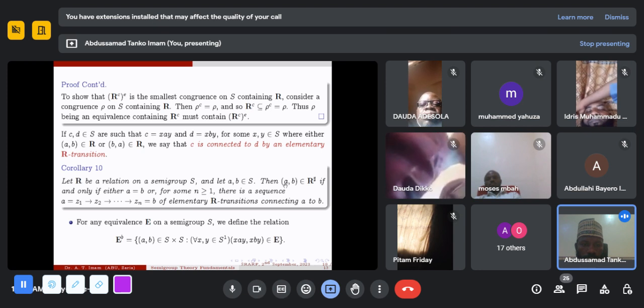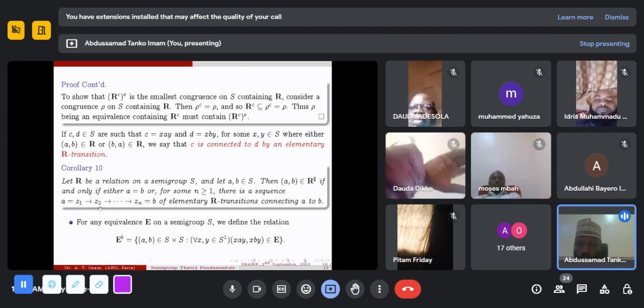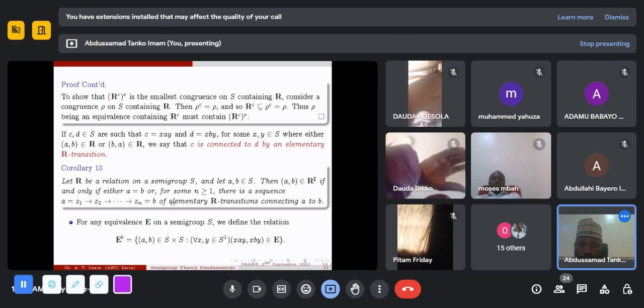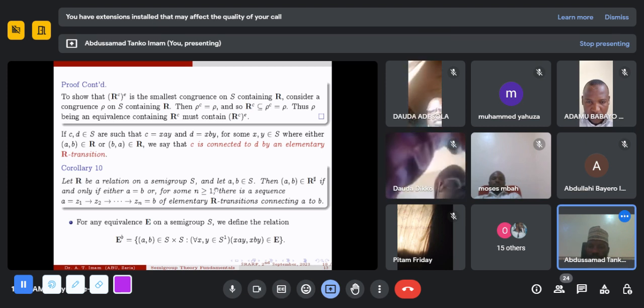If you want to establish that A is related to B under the smallest congruence generated by R, you either show that A is equal to B, or you produce a sequence of elements Z1, Z2, up to Zn, that get you from A to B by elementary R transitions. So this is actually another way to view that characterization of R sharp.